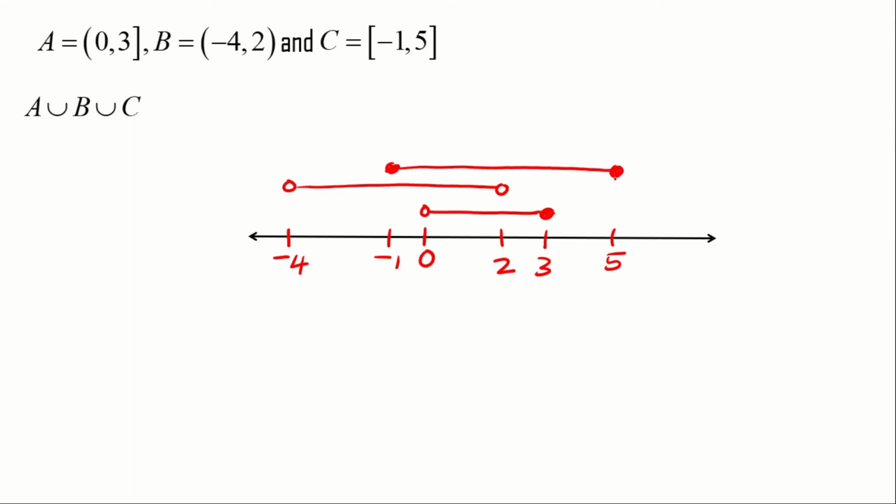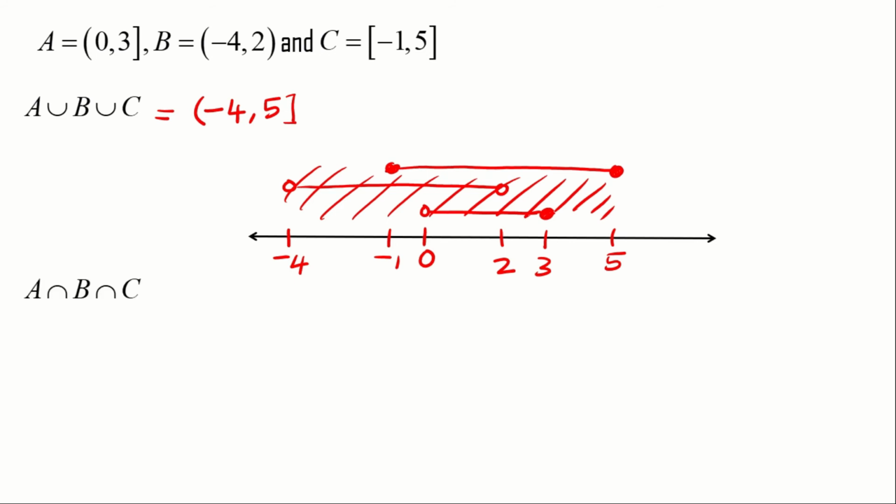Okay, so now we are looking for the union. As long as there are lines, we will take that interval for the values. So we have from -4 until 5, where -4 is open, so round bracket, and 5 is closed, so square bracket.